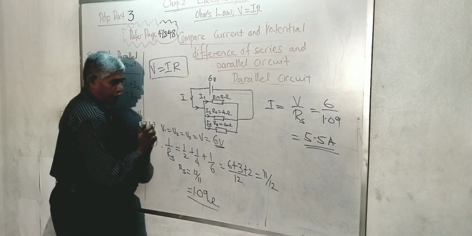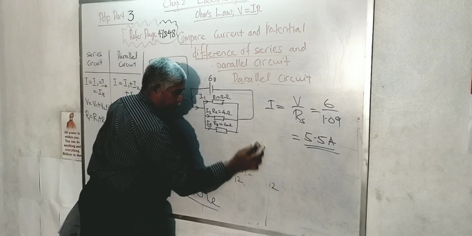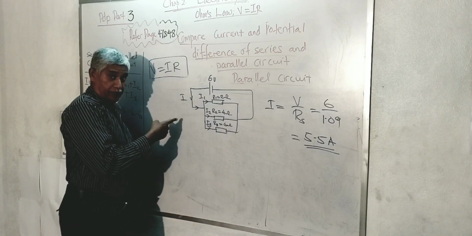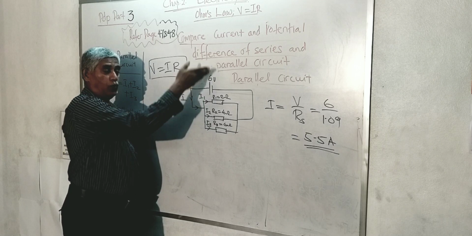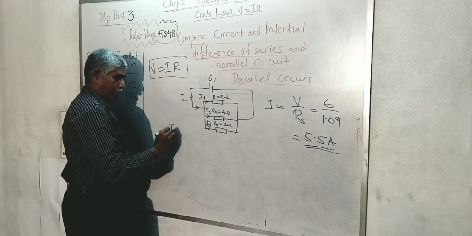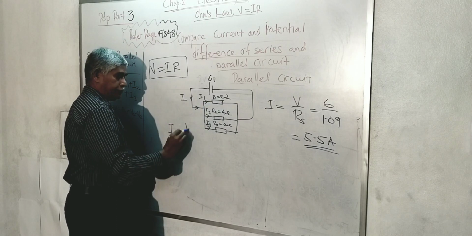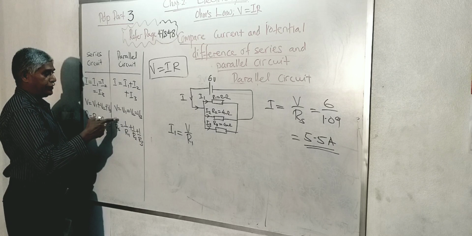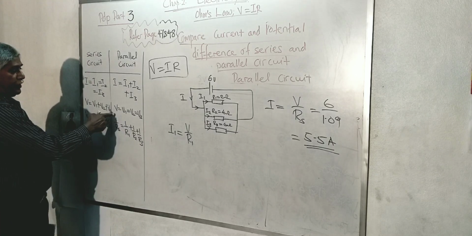For individual current, it's easy because this is a parallel circuit. When you have a parallel circuit, the voltage is the same. So nothing to worry. I1 is the voltage over R1, because for a parallel circuit the voltage is the same.